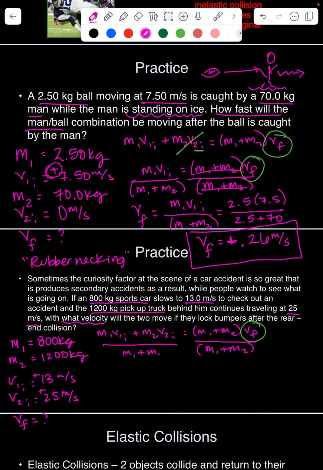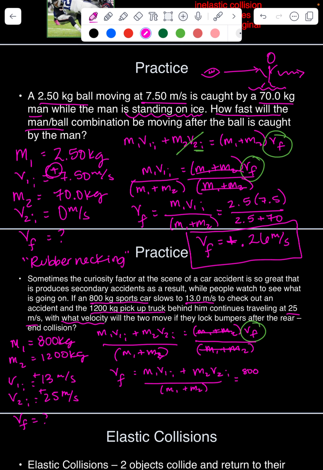It does get rid of each other over there, but a lot of people try to cross out M1 and M2 on this left side, and you simply cannot do that. So our V final is going to be M1 V1 initial plus M2 V2 initial divided by the sum of the masses.